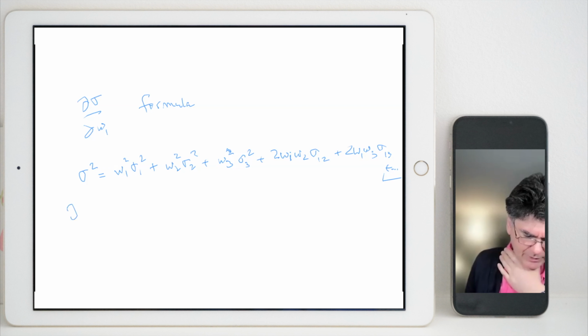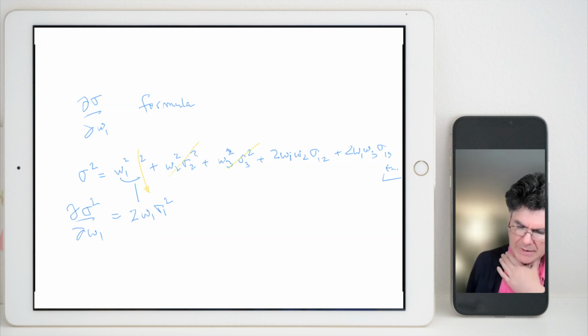So now what I get is that the derivative of sigma squared with respect to W1 is what? Well, from here, I assume you know how to do derivatives. This is 0. That is 0.